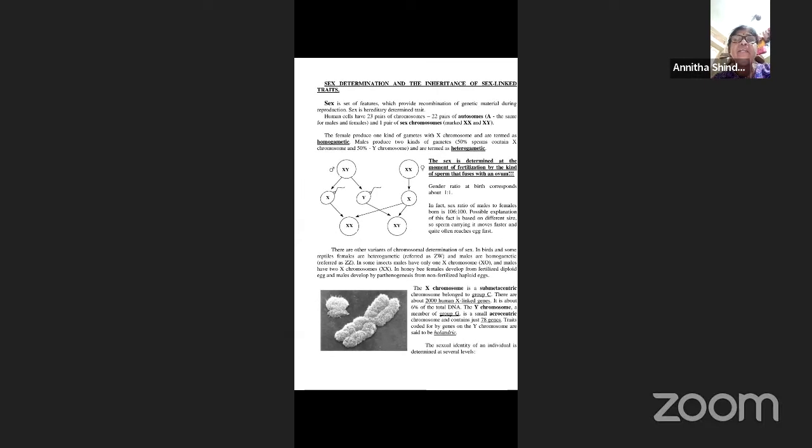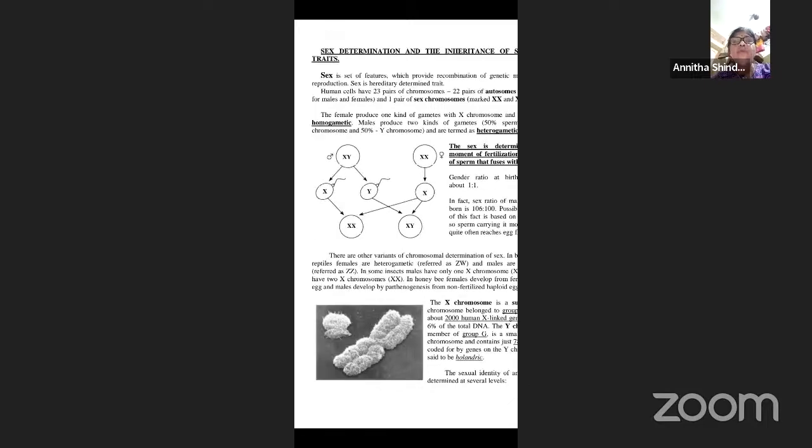Now, coming to sex determination and the inheritance of sex-linked traits. What do you mean by sex determination? Nothing but determination of sex. Sex is a set of features which provide the recombination of the genetic material during reproduction. So sex is a hereditarily determined trait. For example, humans have 23 pairs of chromosomes, so 22 pairs of autosomes are present, and 1 pair of allosome or sex chromosome.